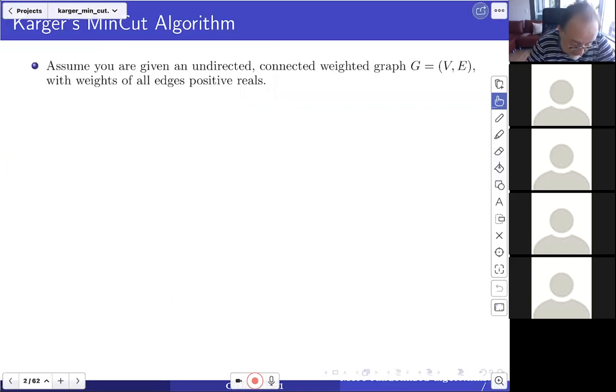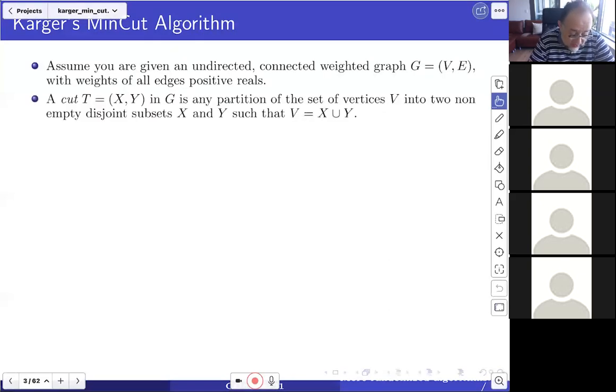So what is Karger's min-cut algorithm? Assume that you are given an undirected, connected, weighted graph G with vertices V and edges E, and with weights of all the edges positive reals, right? So just like in min-cut max-flow, what is a cut in a graph?